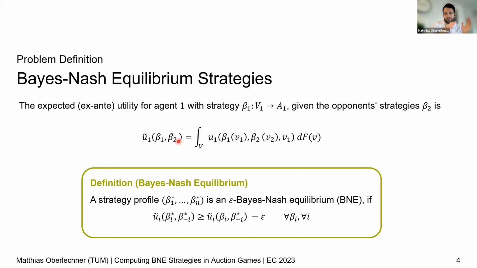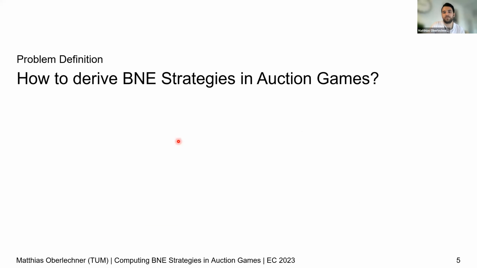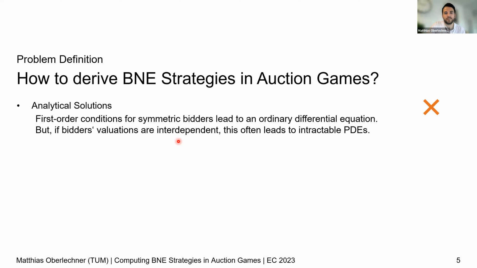So we know the setting, we know what we are interested in. Now, how can we compute these equilibrium strategies in such auction games? If you look at textbooks, for instance, people often use first order conditions to derive some ODE, which you can solve to get the equilibrium strategy.